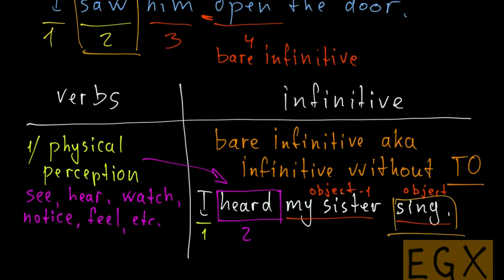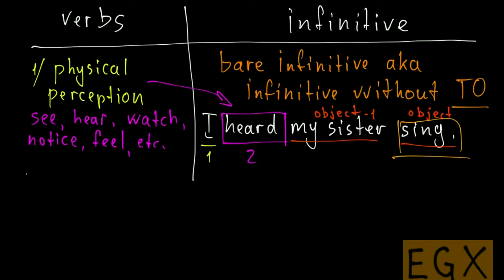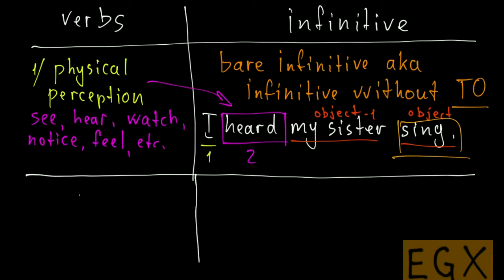Here it is. There are other cases when the infinitive is used without to. And the second main case is with the verbs let and make. You should remember them, guys. Here I also use the bare infinitive.